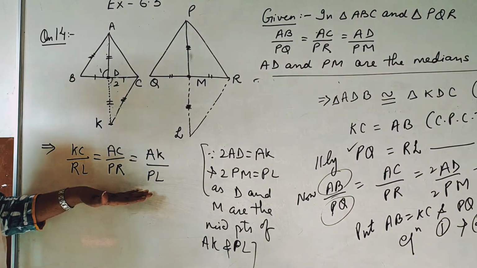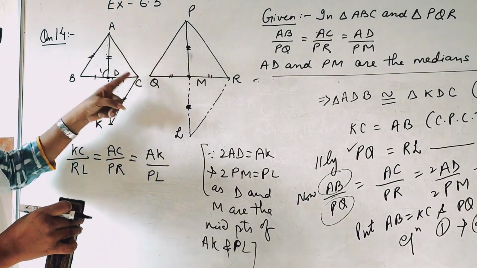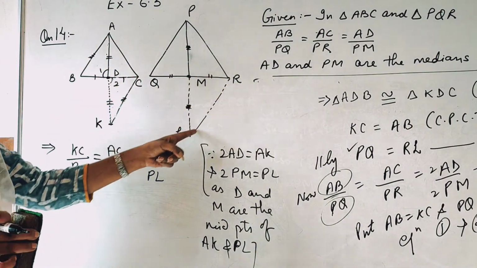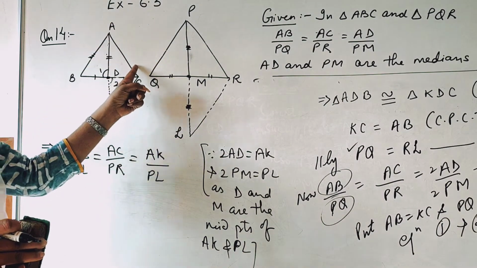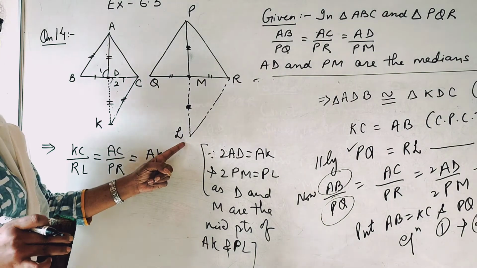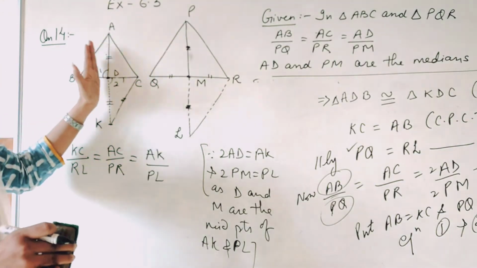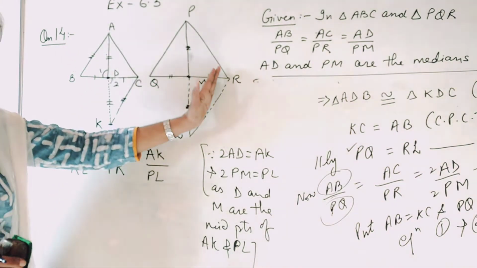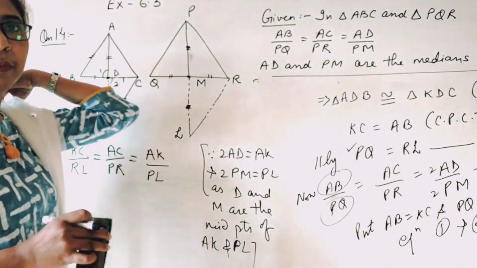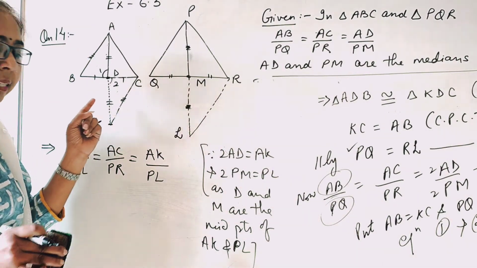So now if you observe these ratios, you can find KC by LR, AC by PR, AK by PL, first, second and third. And if these three ratios are equal in these two triangles, that means the triangles are similar, by which rule? By SSS.